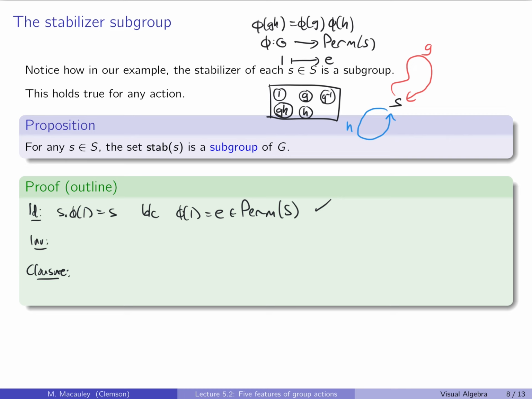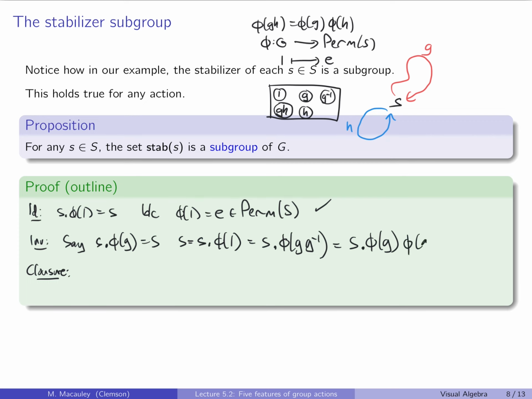What about inverses? Let's say that S dot phi of G equals S. And we want to show that S dot phi of G inverse equals S. So how do we do that? Well, S dot phi of 1 is S, we just did that. But that's also equal to S dot phi of G times phi of G inverse.